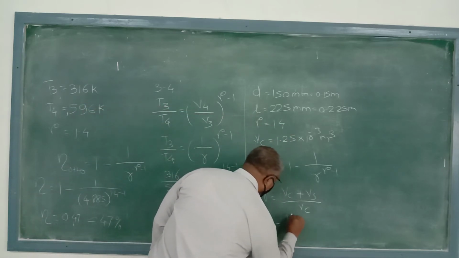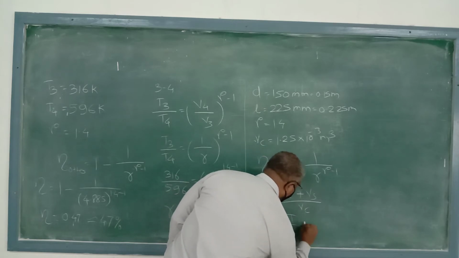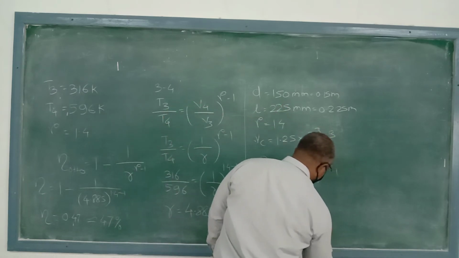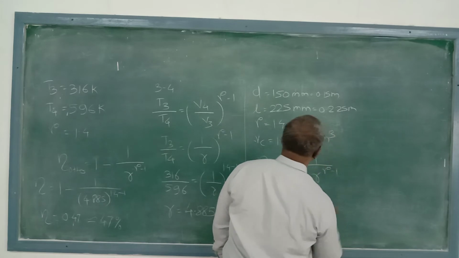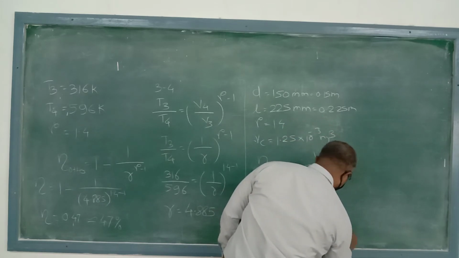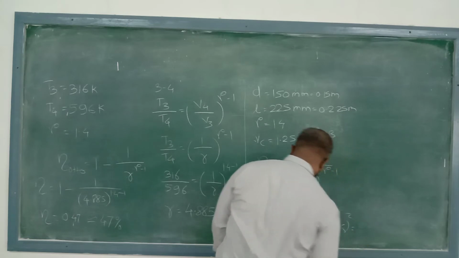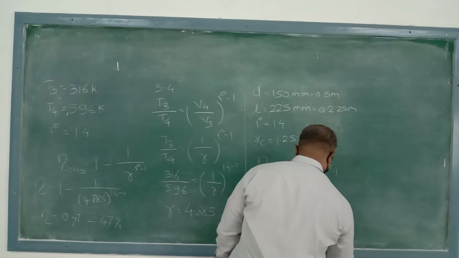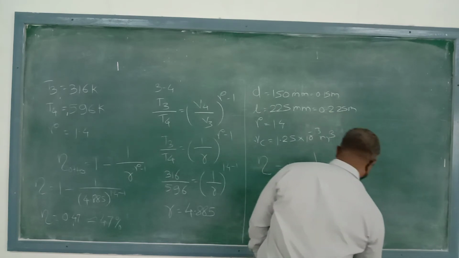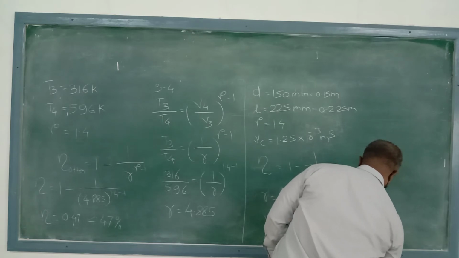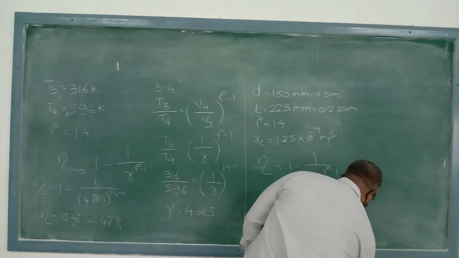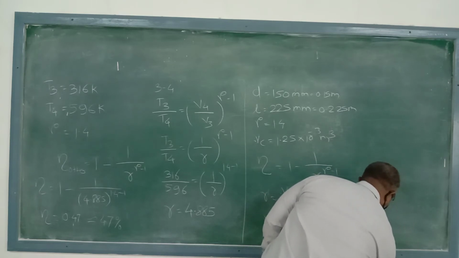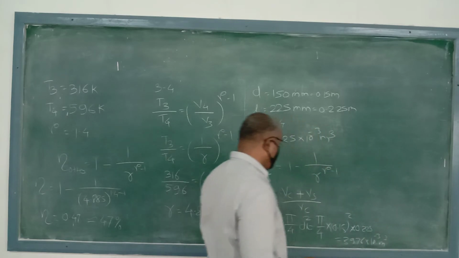So Vs is equal to pi by 4 d square into L. The value of d is given, so pi by 4 into 0.15 squared, and the value comes to 3.976 into 10 raised to minus 3 meter cube.